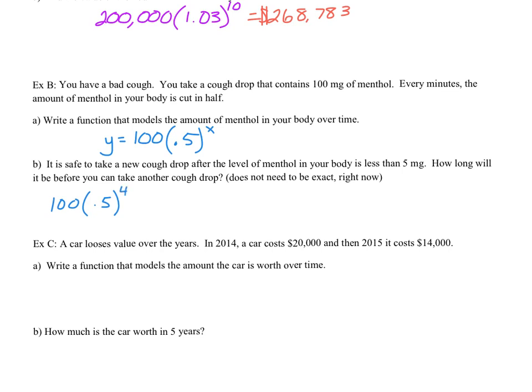If I put in 4, I get 6.25. That's pretty close. Sorry, I meant to put in 5. I get 3.125. So somewhere in between 4 and 5 minutes is when you could take another cough drop.